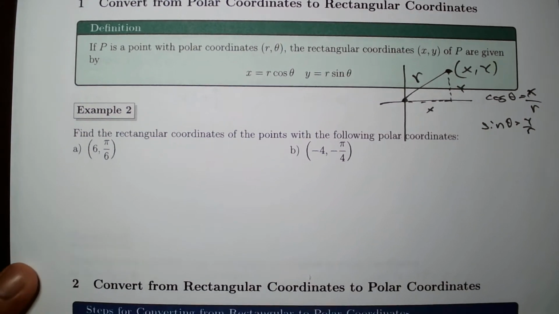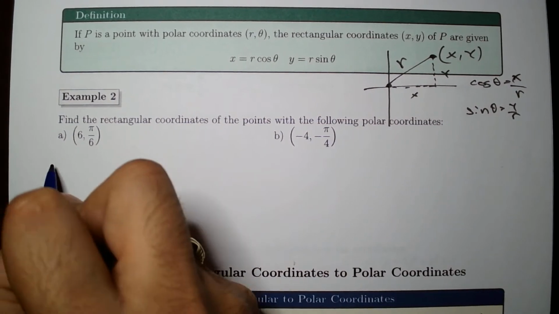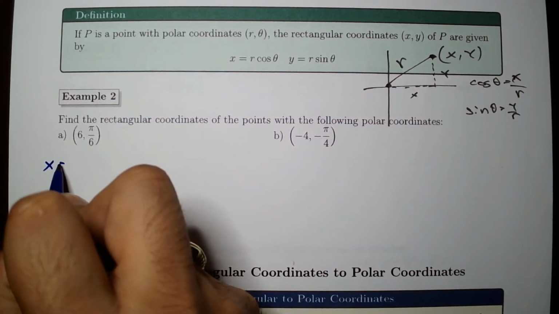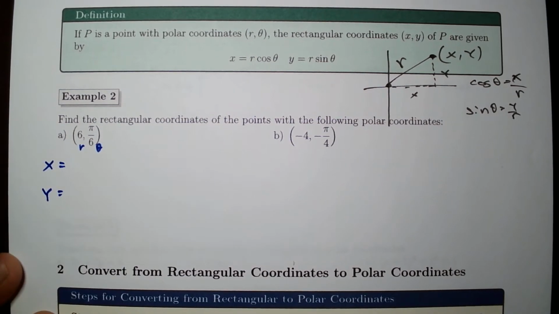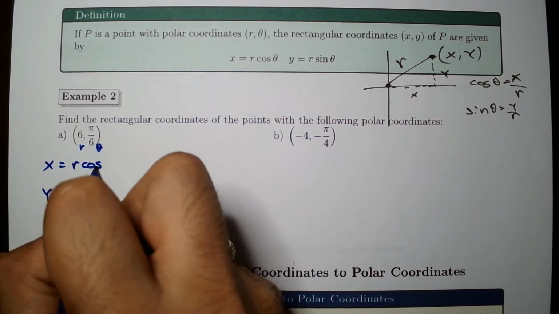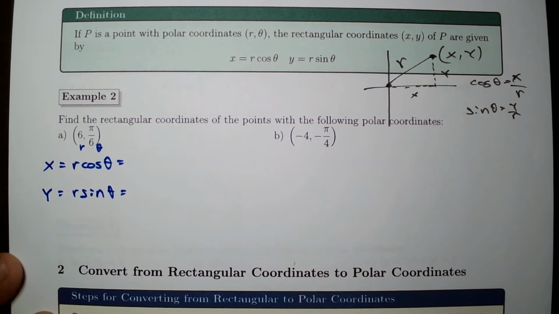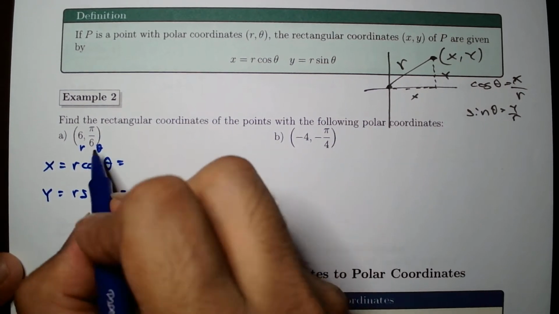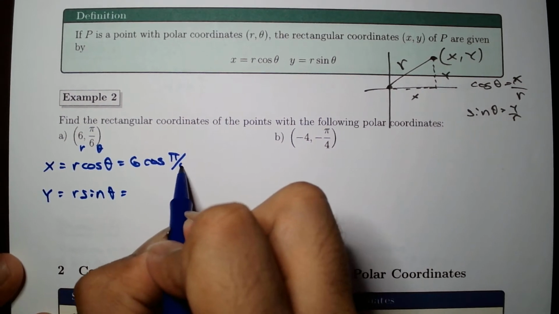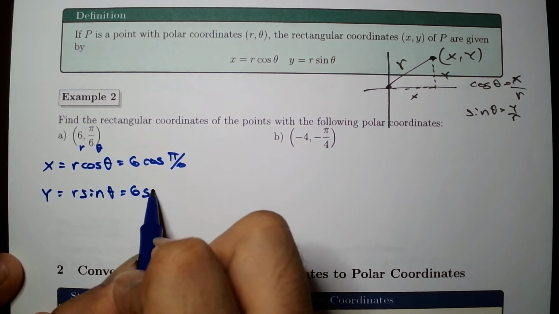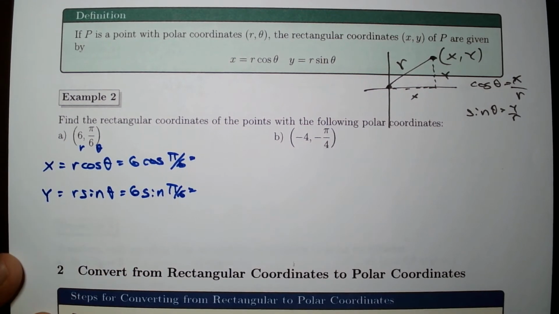Okay, find the rectangular coordinates of the points with the following polar coordinates. We want to find x and y, so we go from (r, θ) to (x, y). In this case, r cos θ, r sin θ. And this is very, very formulaic. It's going to be 6 times cosine of π/6 and 6 times sine of π/6.